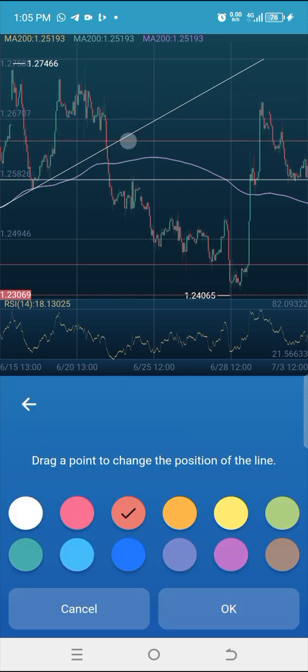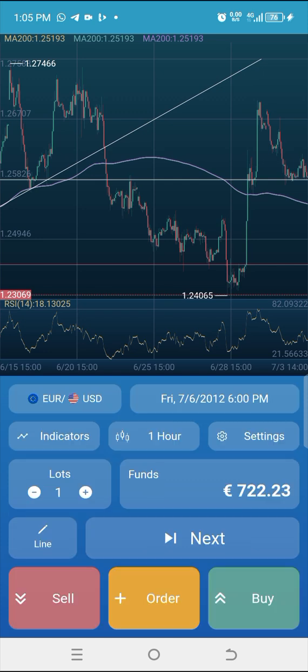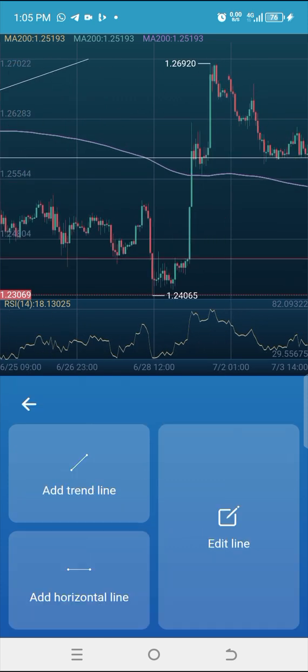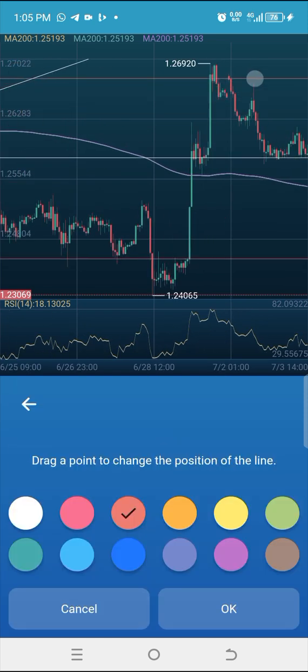It came back, then I look for a sign that it's going to go in the opposite direction, which is here. It was a slight bearish engulfing pattern right here, so that's where I entered.